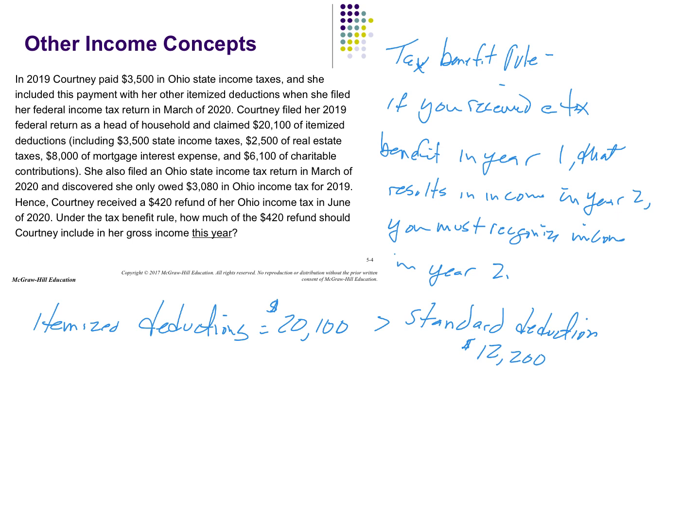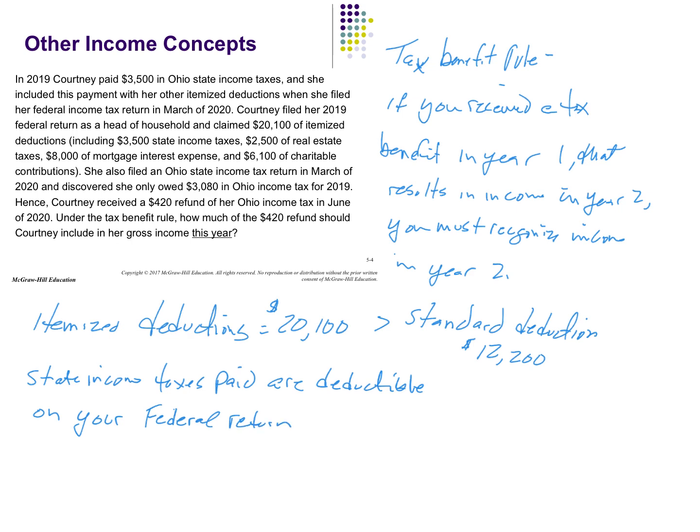We also have to remember that state income taxes paid, up to a $10,000 threshold, okay, I'm going to put that caveat in there, state income taxes paid are deductible on your federal return.